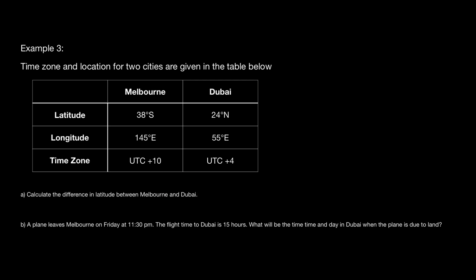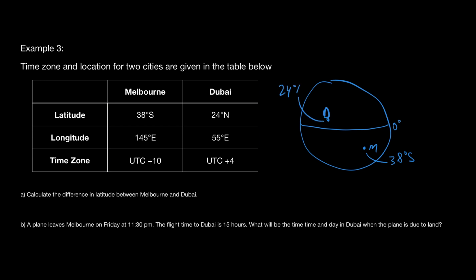The first question, A, calculate the difference in latitude between Melbourne and Dubai. Okay, latitude. So you've got to think of our globe. I'm going to draw a globe here, our equator. Remember our equator is at 0 degrees. Melbourne is 38 degrees south, so I'm going to picture Melbourne approximately there. And then Dubai, let's say it's up here, and it's 24 degrees north.